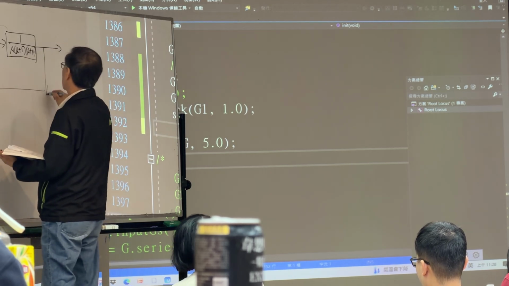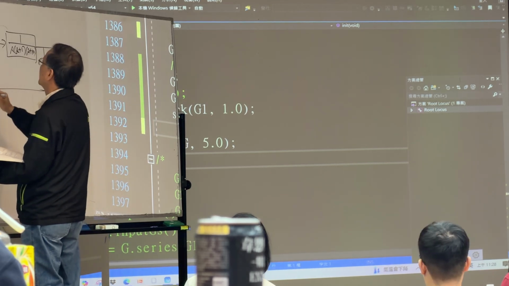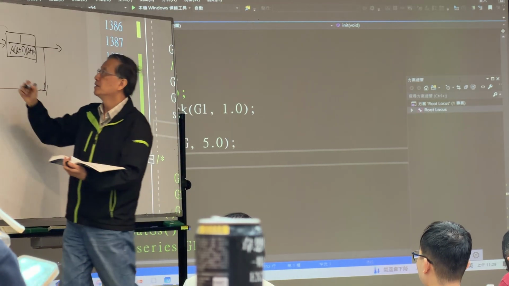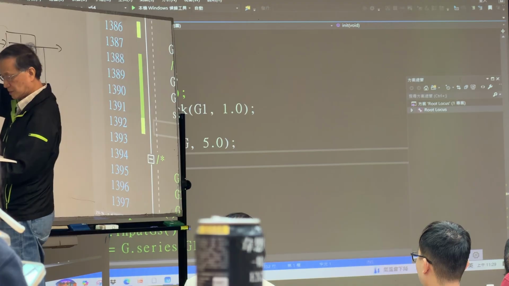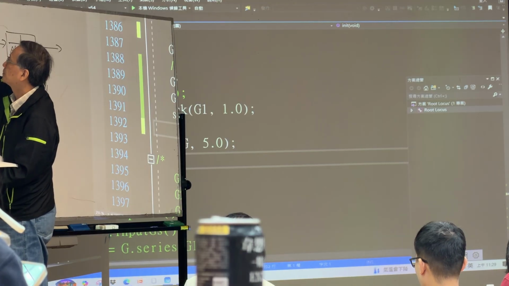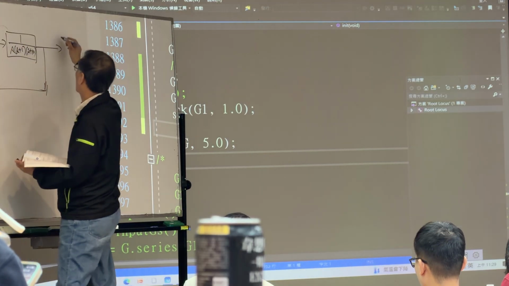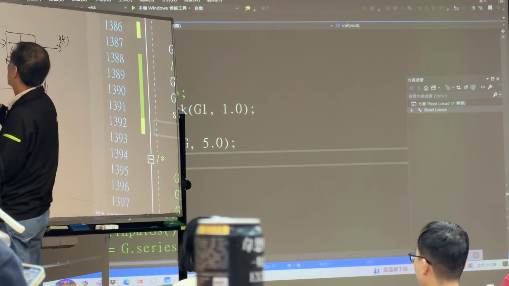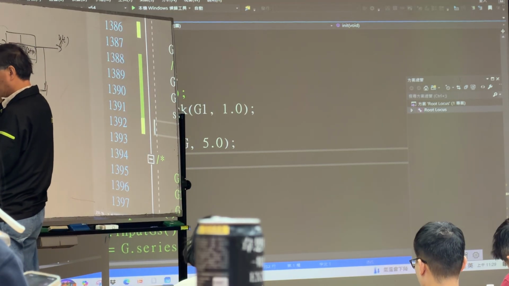And assuming the sensor H is 1, right? And you have input U(t) here, and this is your output Y(t) here. We want to see the step response of this K value.